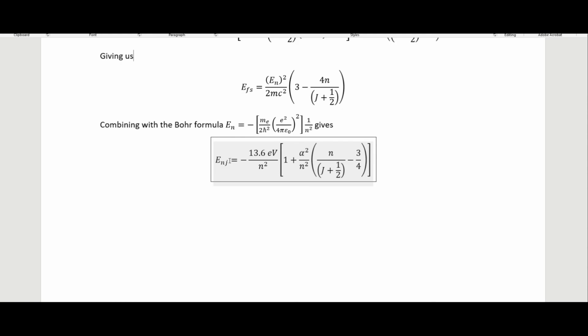And so this is the energy correction right here. Well, the minus 13.6 electron volts over n squared is the energy from the Bohr formula. Then this stuff here in the square bracket is the correction for the spin-orbit coupling and for the fine structure of hydrogen, or at least the first order correction anyway.